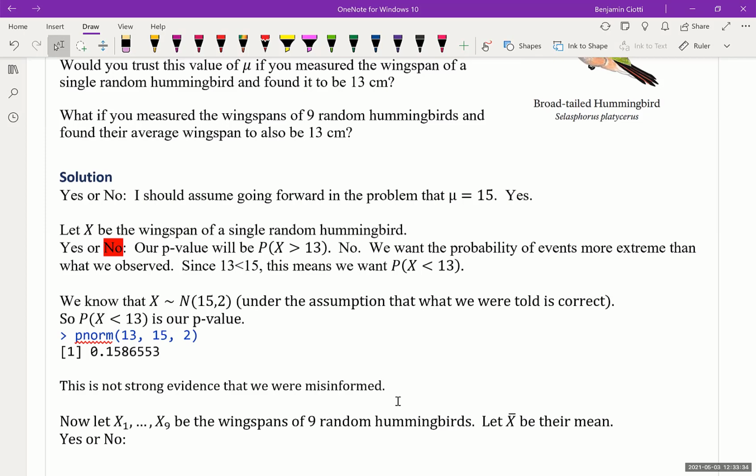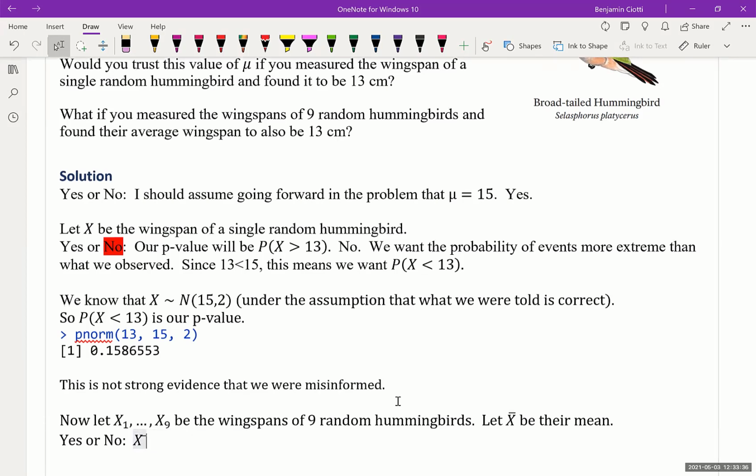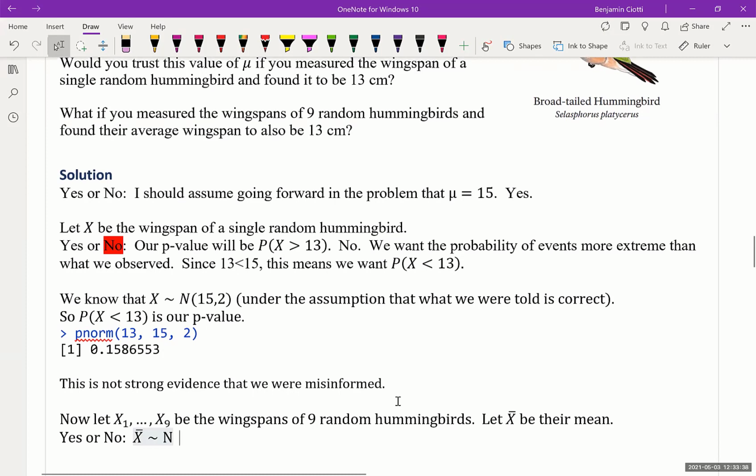Yes or no? X bar has a normal distribution with mean 15 and standard deviation 2. Yes or no? Good. Okay, you guys are getting this one correct.